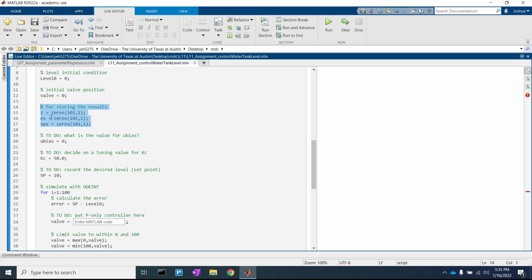Then for storing the results, we have Z, ES, and SPS. Let's discuss what those are going to do in a moment. We'll also consider the value for U bias, the tuning value for KC, and then we'll record the desired level, the set point. So we'll set the set point to 10.